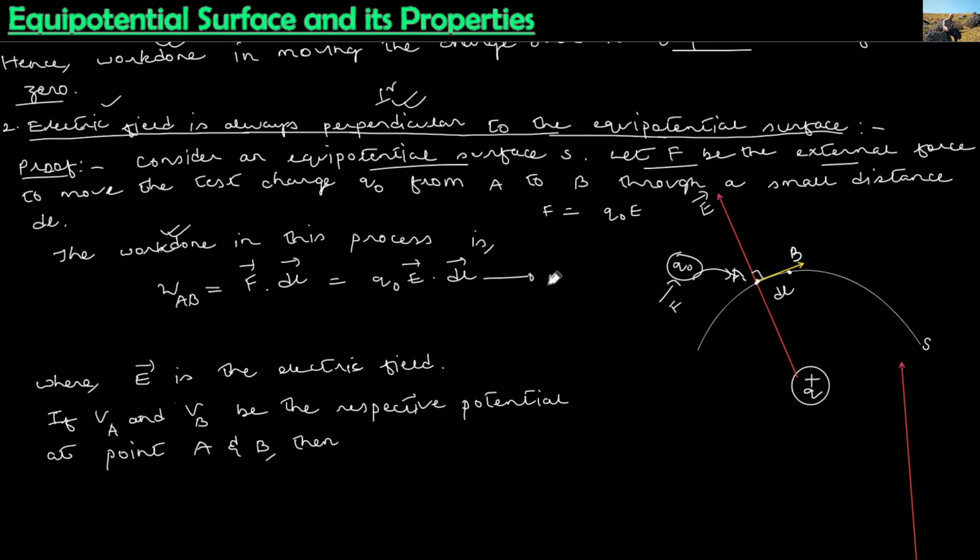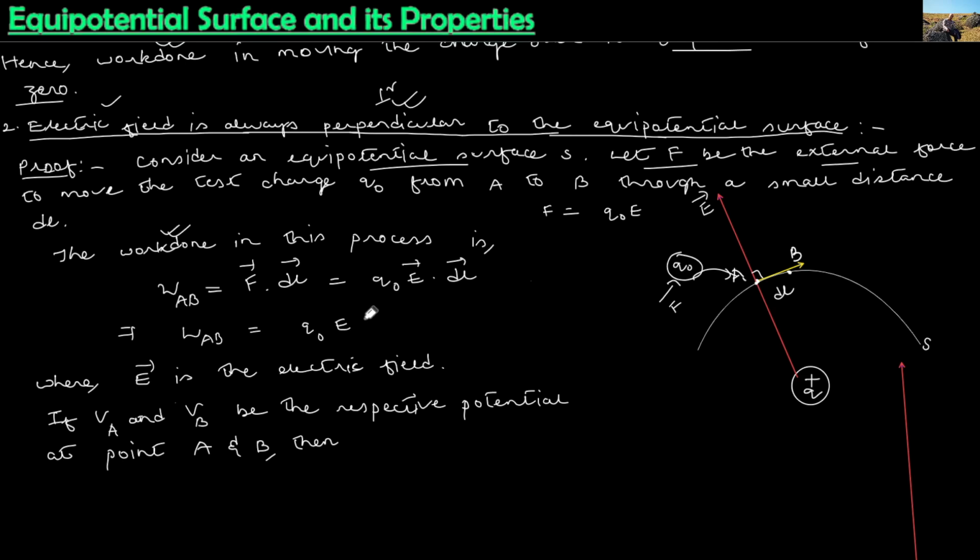We'll mark this as equation number 1. But before that, we further write this in another format. The work done in moving the charge from A up to B will be equal to Q0. Since it is the dot product of E and dl, we can write it in its angular form.